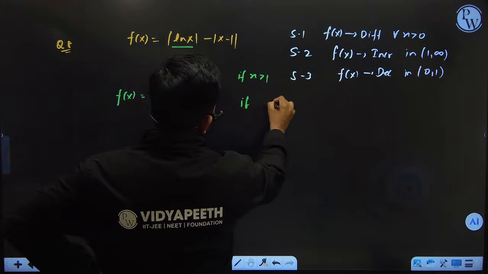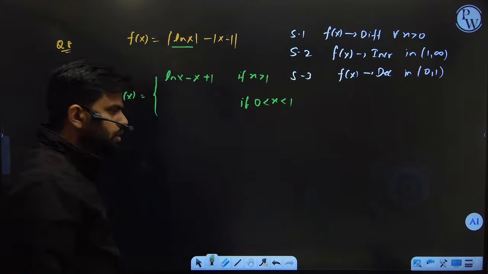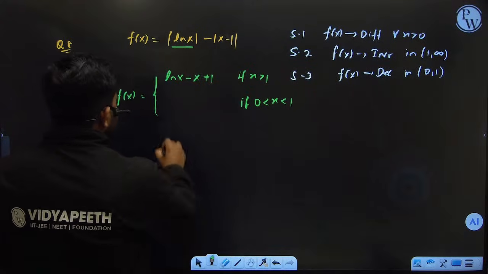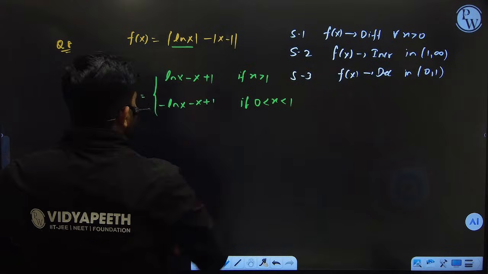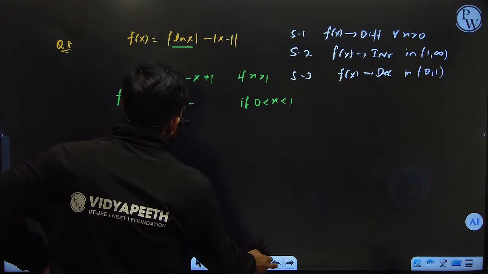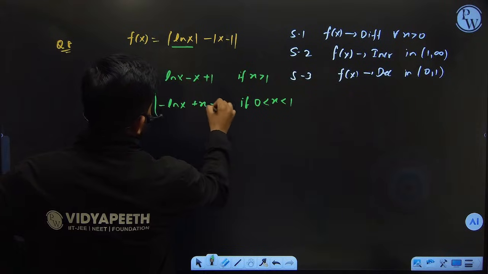And if x is less than 1, and needless to say it has to be greater than 0 for the existence of log, both the mods will open with minus sign. So minus of ln x, and sorry, it should be plus minus sign, so it will be x minus 1.